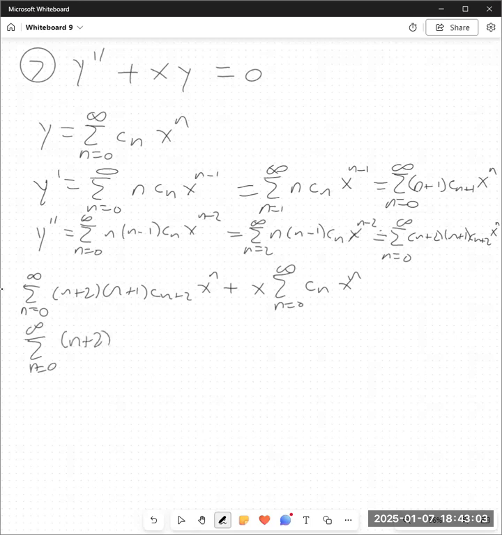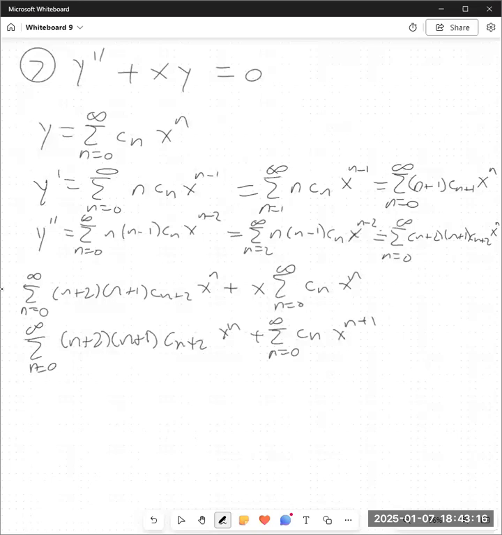So plus (n+2)(n+1)c_{n+2} x^n, plus the sum from n equals 0. I guess that's good for the first one, that you have to see all the steps here before I start thinking and not really shortcutting. Let me explain what the problem is now. This one starts at x to the first power, this one starts at x to the 0 power, which is not good.